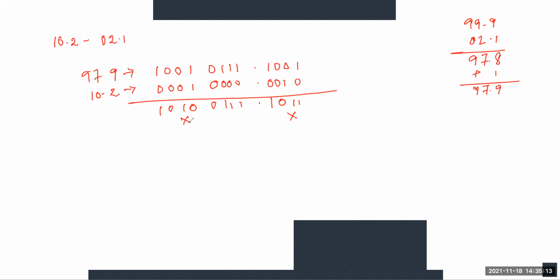Now, to convert from invalid to valid, here we are adding 6. In this bit we are adding 6, and in this bit we are also adding 6.